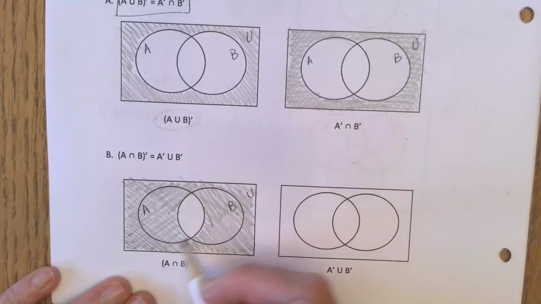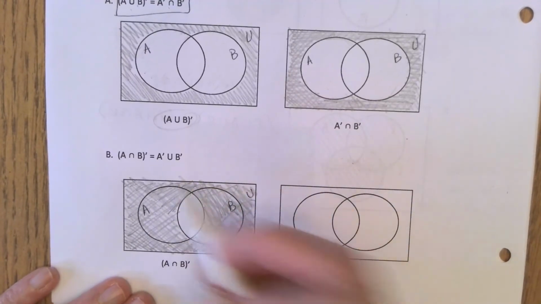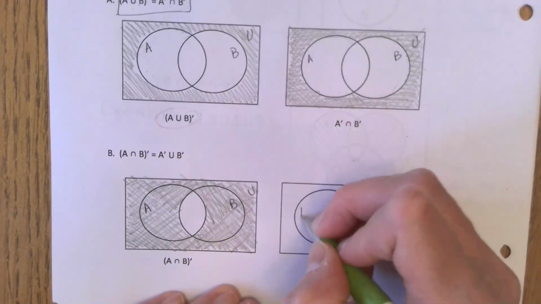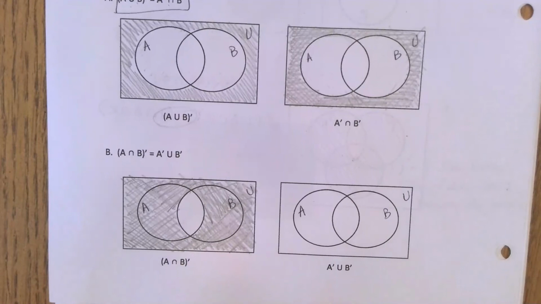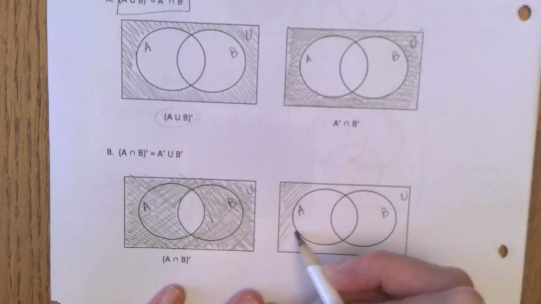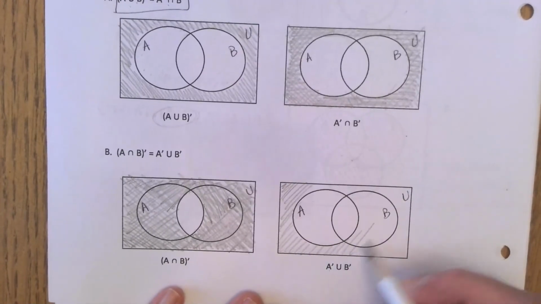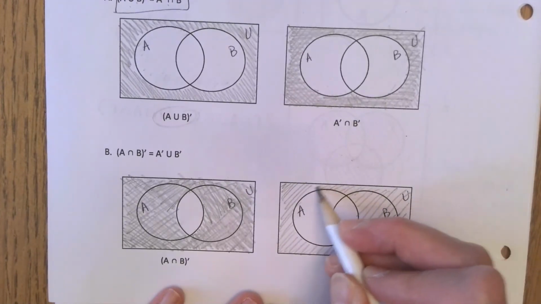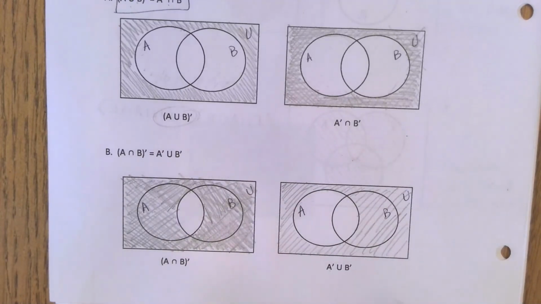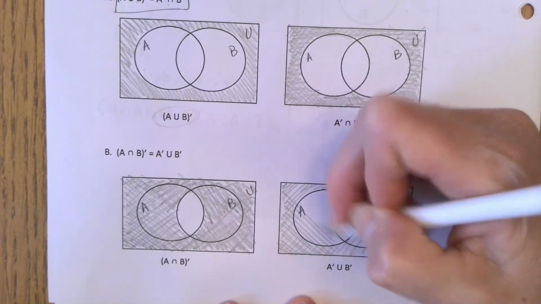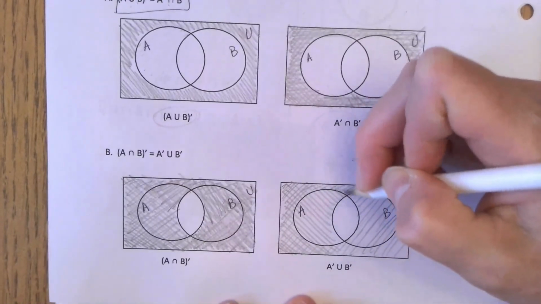Now, let's take a look at A complement, B complement, the union of that. And we're going to compare those two pictures. And you're probably thinking, I bet they're the same. Yeah, we're going to find out that they're the same. So complement of A is everything in the universal set that is not A. So that's everything out here. Now the complement of B is everything in the universal set that is not B. That's everything out here.